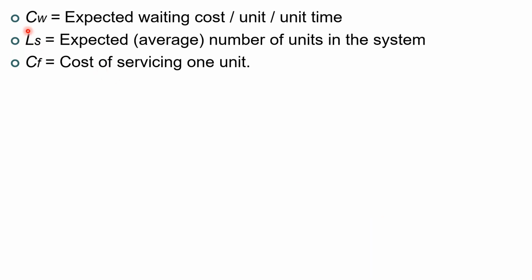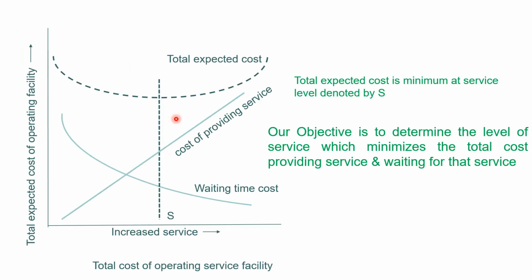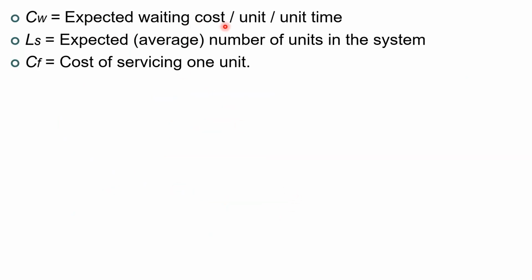So CW represents the expected waiting cost per unit of time. This is your expected waiting time cost per unit of time.